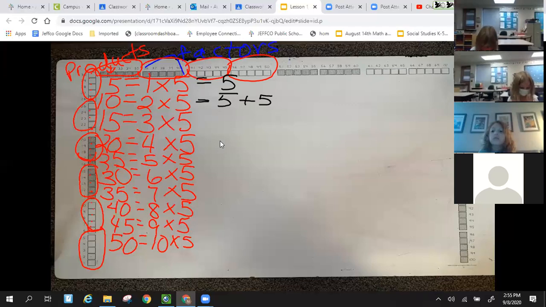So let's try to predict what this one would look like. If 15 equals 3 times 5, then the equation should be, Max, what do you think? 5 plus 5 plus 5, right? Because there's 3 groups of 5.